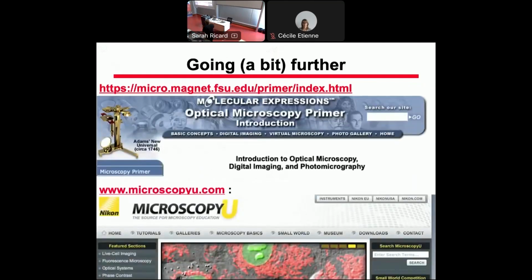If you want to go a bit further, most of the illustrations are from this site, which has been shared, and all the big four, Nikon, Zeiss, Leica and Olympus, have a variant of this original site, so sometimes there are more interesting things. So I just show this one.